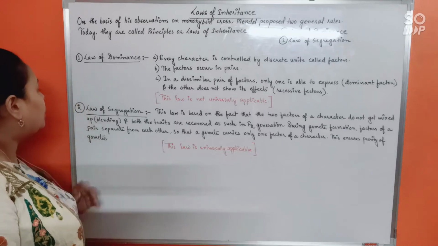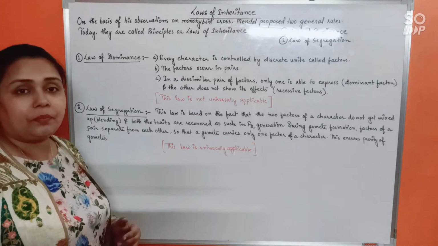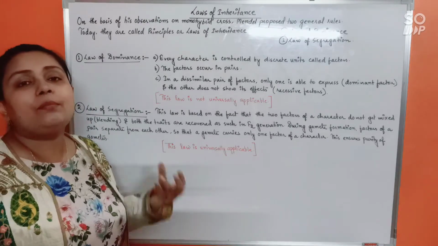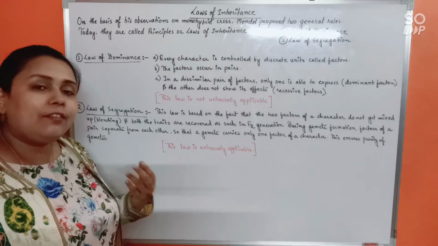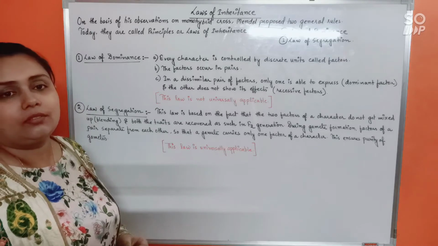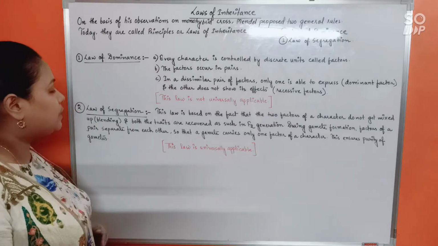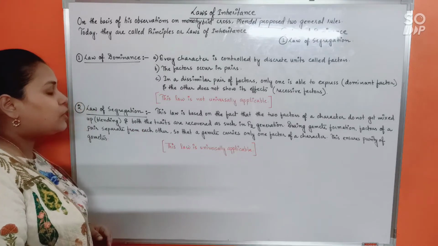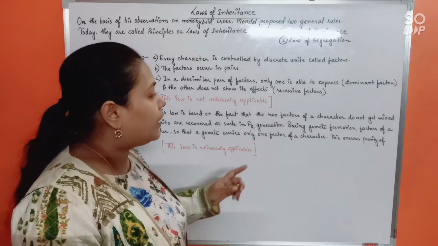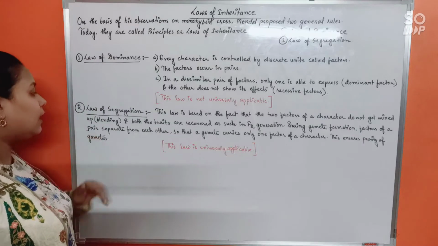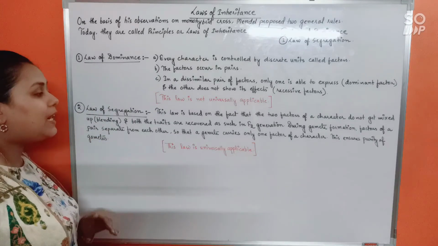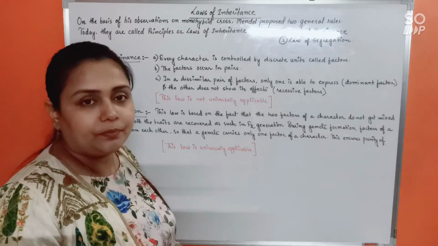Fine. Now, the next is law of segregation. First, try to understand the meaning of segregation. Segregation itself means separation. This law is based on the fact that the two factors of a character do not get mixed up or blended, and both the traits are recovered as such in the F2 generation.